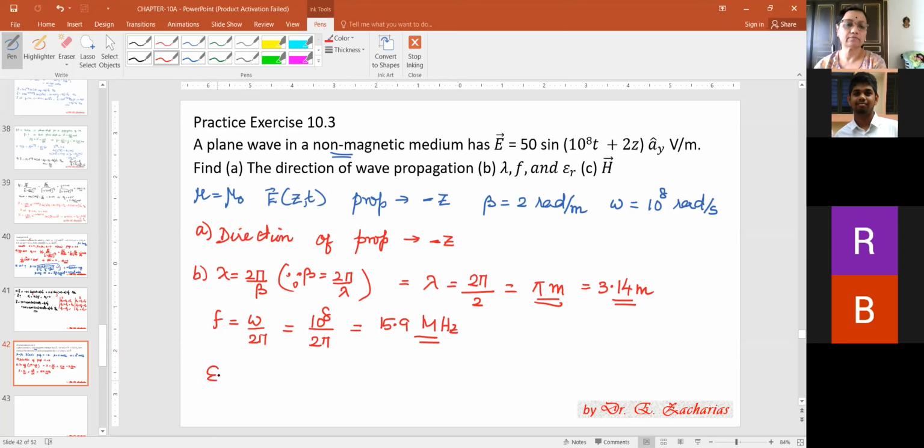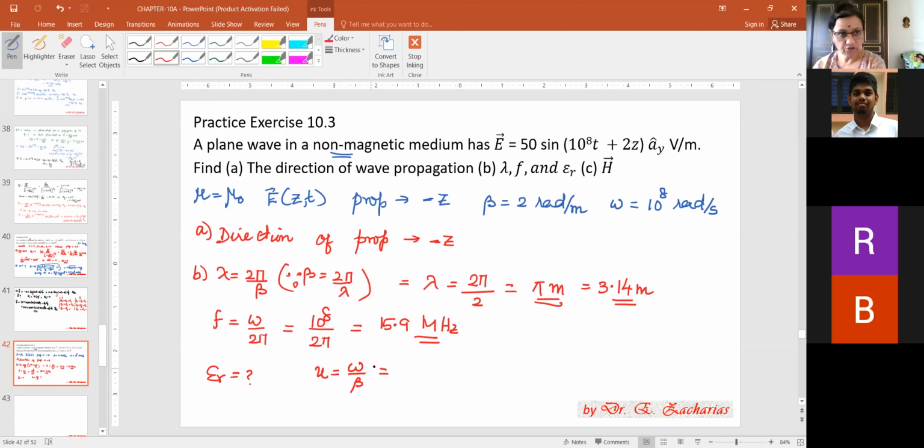Epsilon r. How do you get your epsilon r? To get epsilon r, I will ask you to find out the propagation velocity. The propagation speed is omega by k or omega by beta, right?